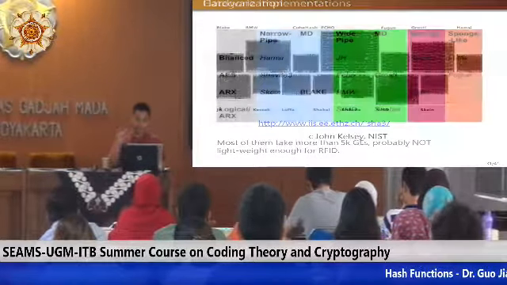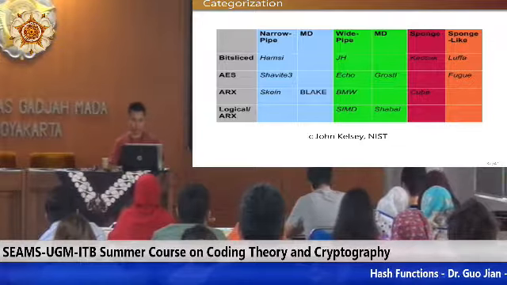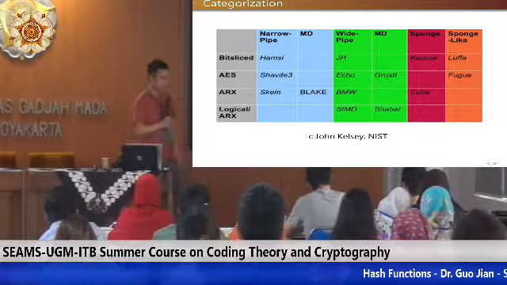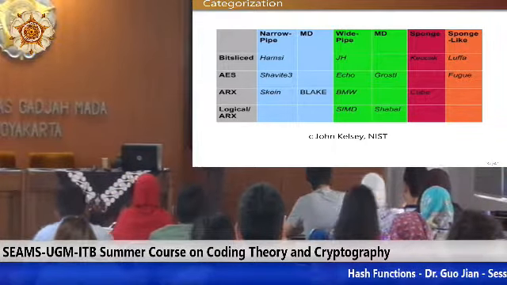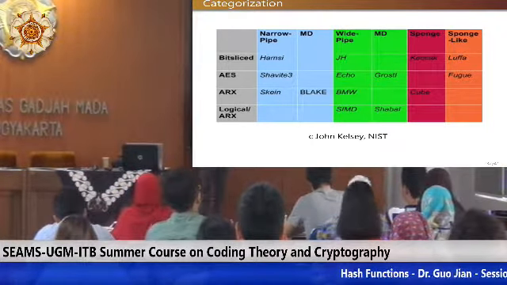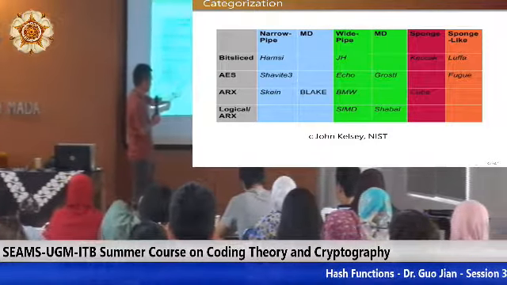And depending on the internal state size compared with the digest size, we have several divisions. Like narrow-pipe design means the digest size is the same as the internal state size.